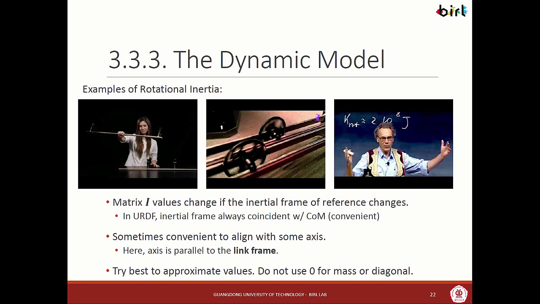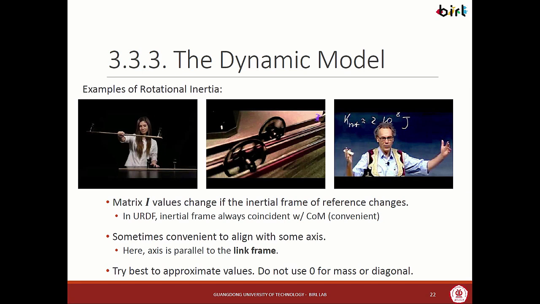So at the end, this is the world, and then we have this point. That's the link frame for the inertial property. It's at the center of mass, and it's parallel to the link frame. That's going to be convenient because the transformation is just very easy. So we do that.